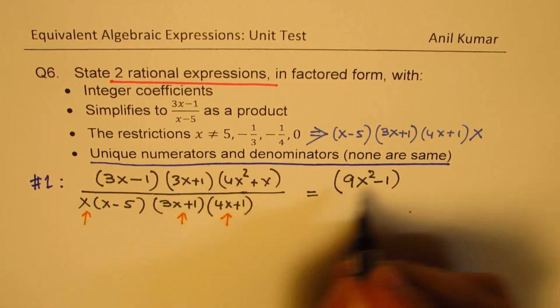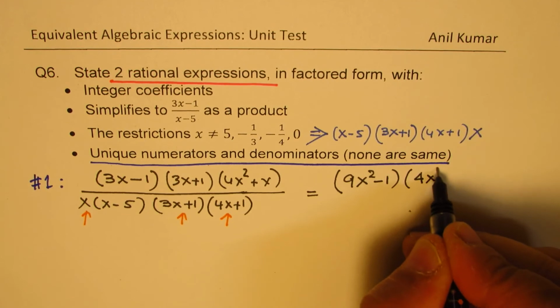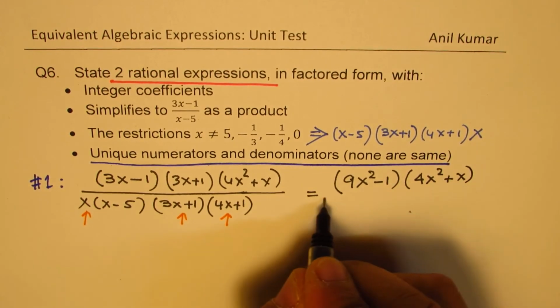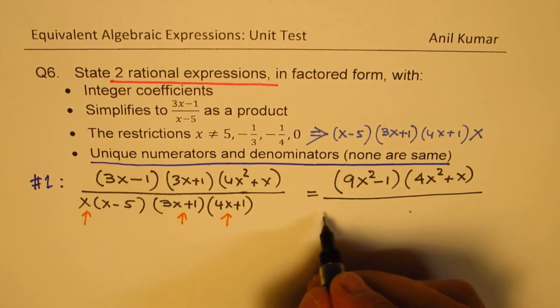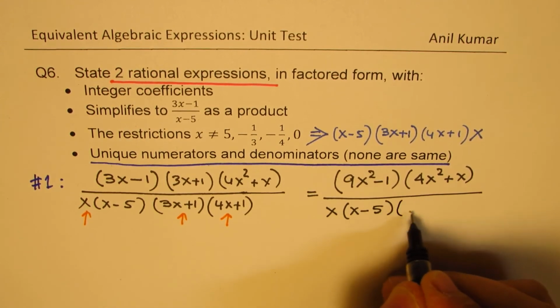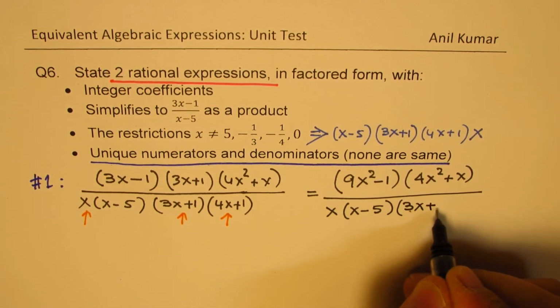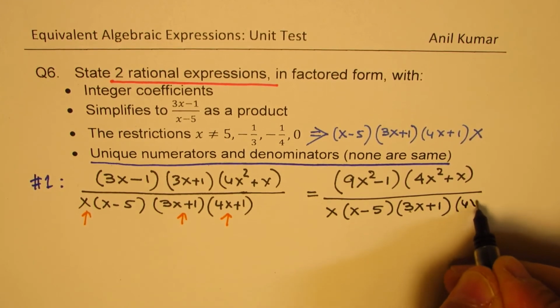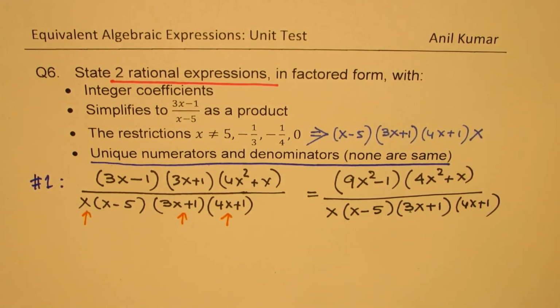Do you see that? Times 4x squared plus x over all this, which is x times x minus 5 times 3x plus 1 times 4x plus 1. Does it make sense to you? Correct? So that becomes one of our solutions.